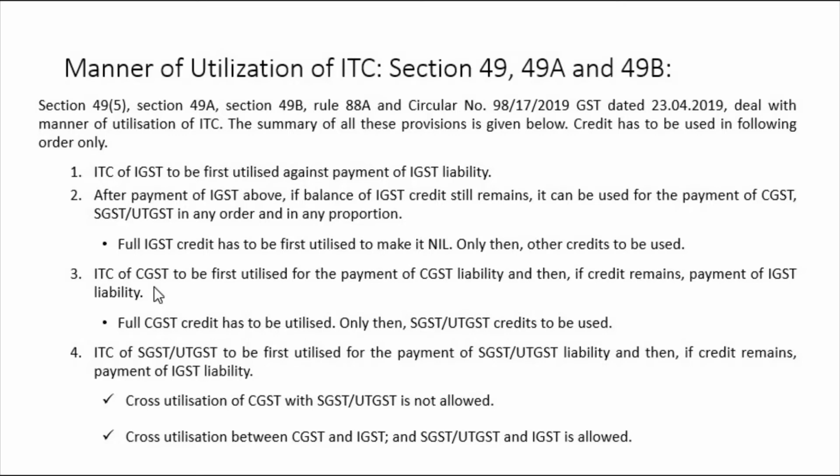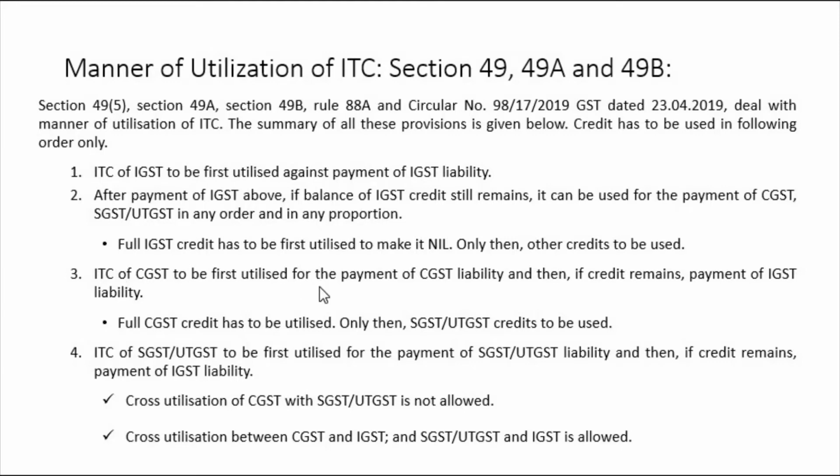ITC of CGST is to be first utilized for the payment of CGST liability, and then if credit remains, for payment of IGST liability. Understand here, earlier we finished IGST liability using IGST credit, and now we are finishing CGST credit.